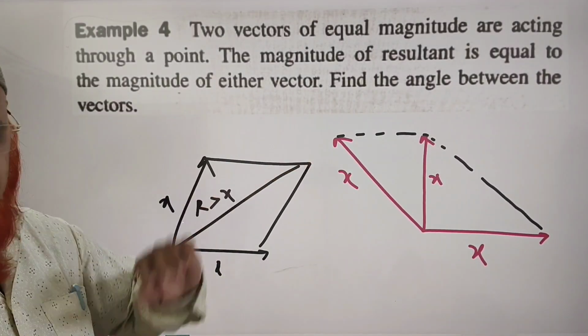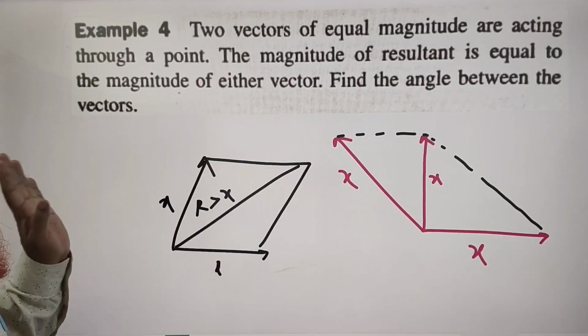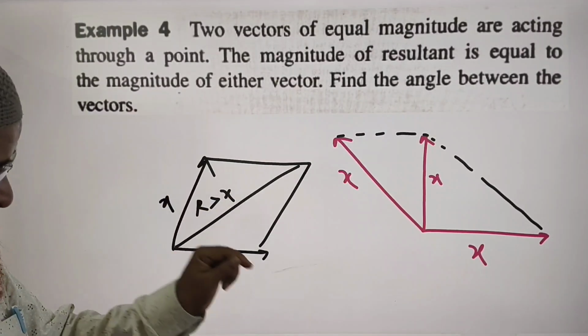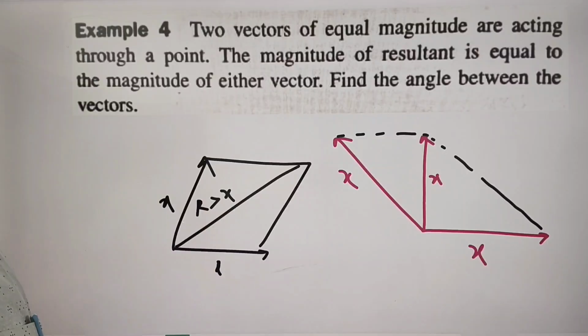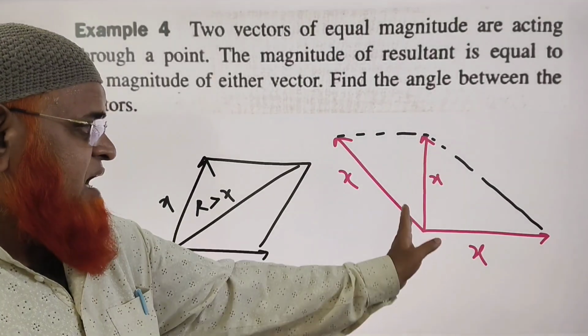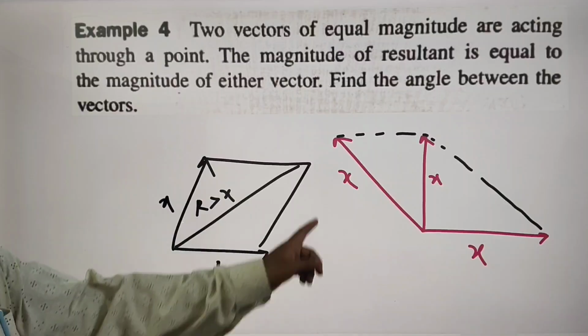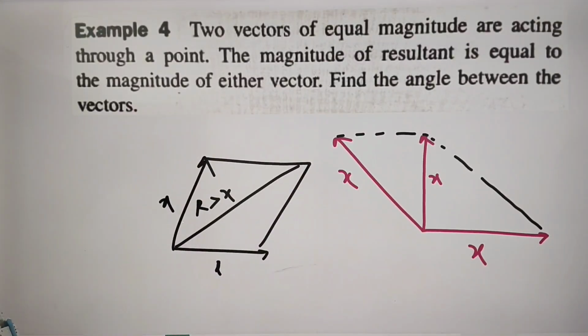This should be the largest. So that's why these two angles should not be less than 90. When you want the resultant to be equal to these two, the resultant will be like this and the other angle will be greater than 90. Then only it is possible that all three are the same.